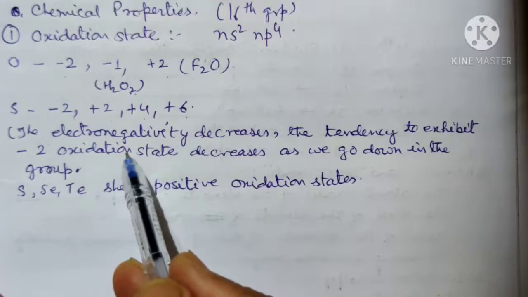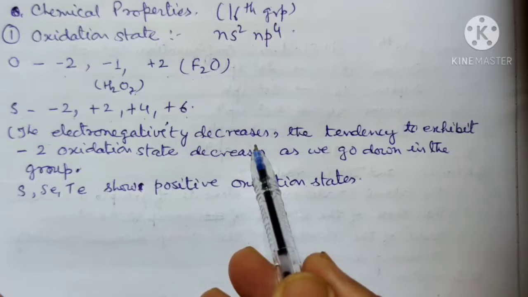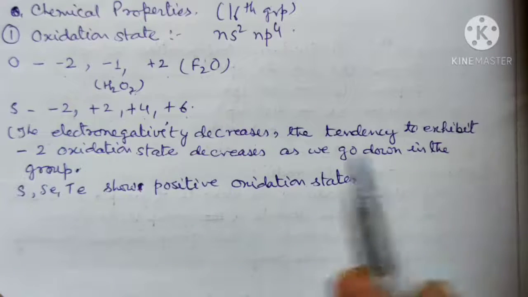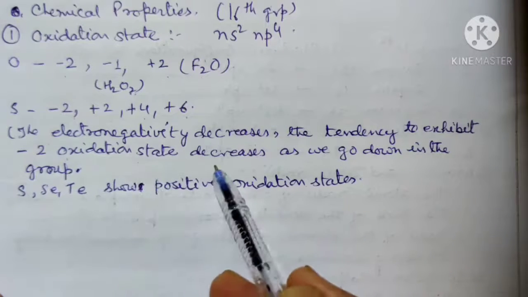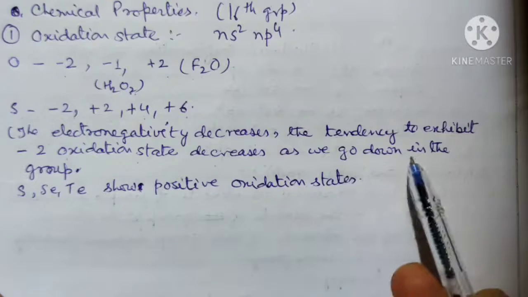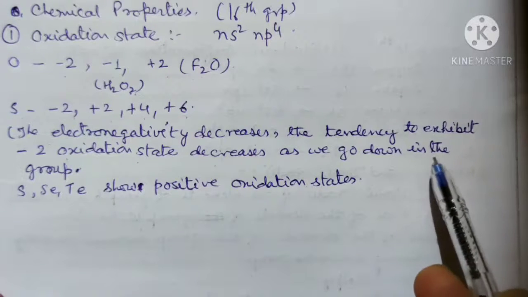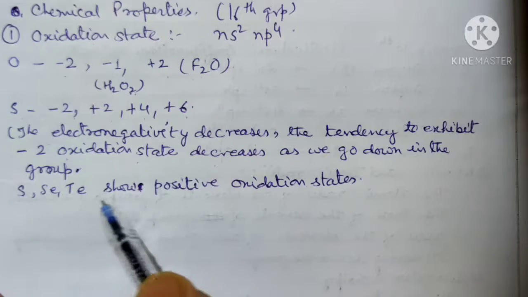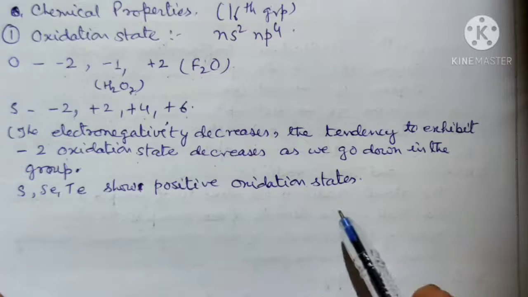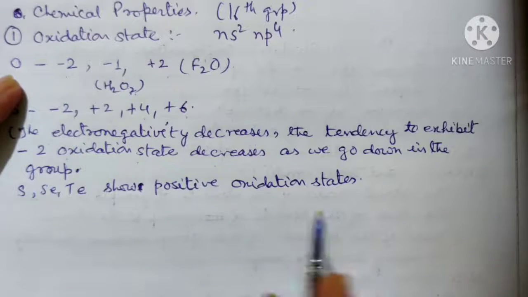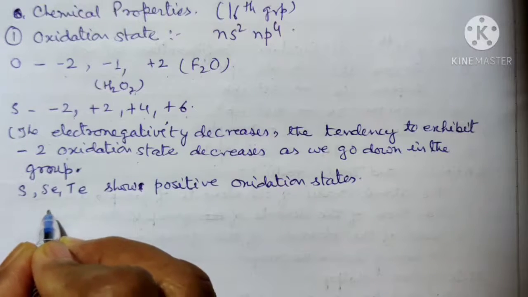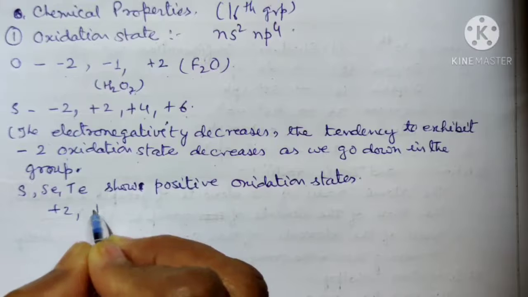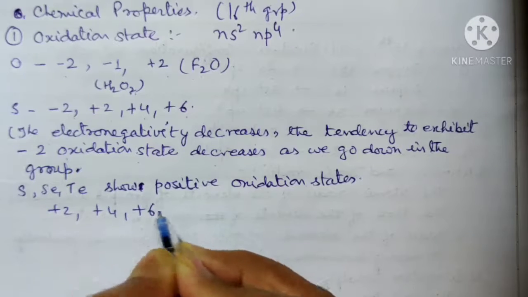The electronegativity decreases down the group, so the tendency to exhibit -2 oxidation state decreases as we go down the group. Sulfur, selenium and tellurium also show positive oxidation states, and these are +2, +4 and +6.